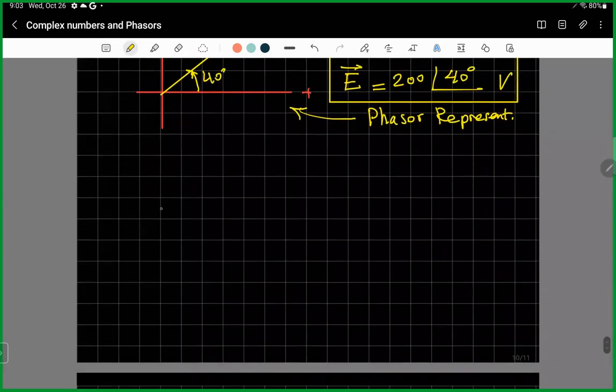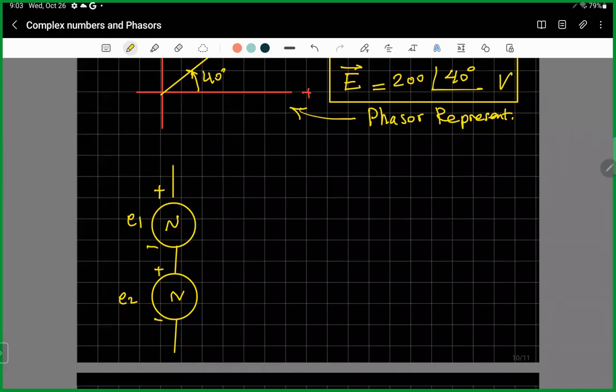If you have two voltage sources, and they are connected in series. Let's say that this is E1, and this is E2, connected in series. This is instantaneous.